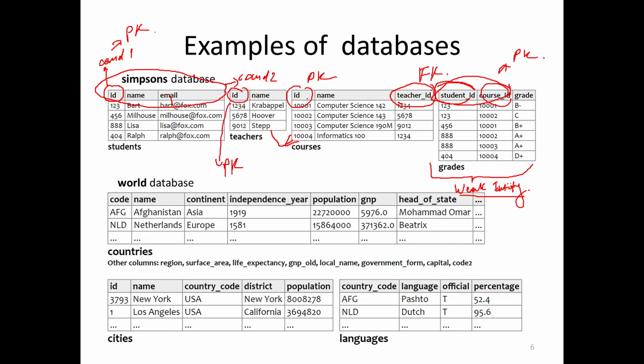But I'm curious who else took 13001. I can find here that someone else took 13001, and its ID is this. So Milhouse took the same course. You can see in the opposite direction that this course is taken by Bart and Milhouse, but Bart himself took two courses. So one to many in this direction, one to many in this direction. All of that is represented in this table.